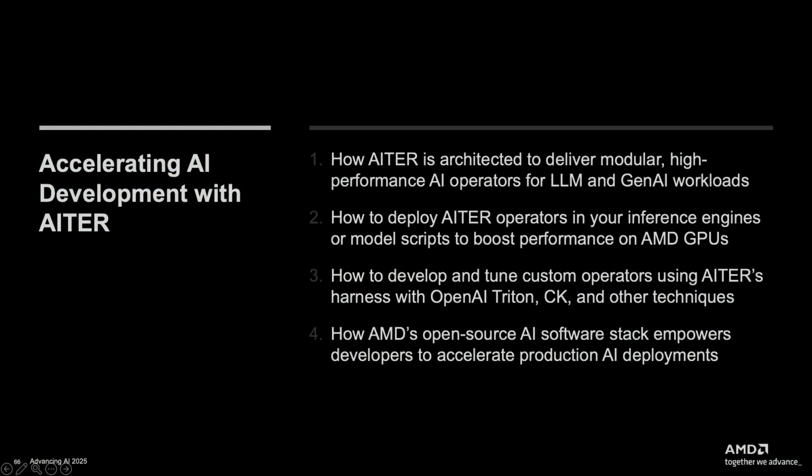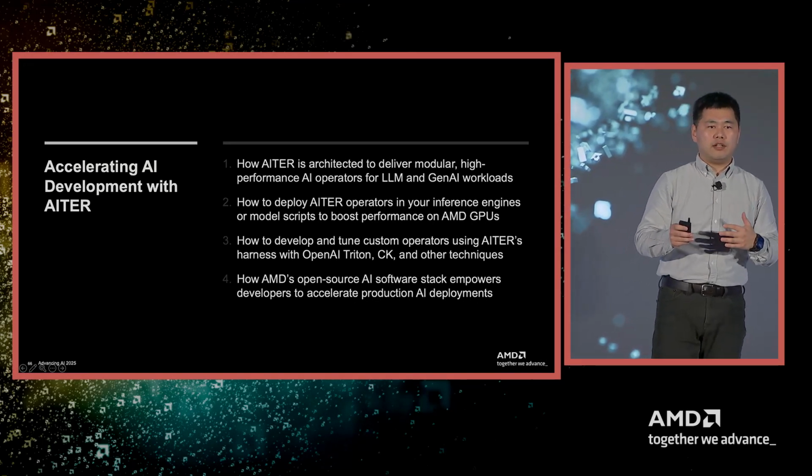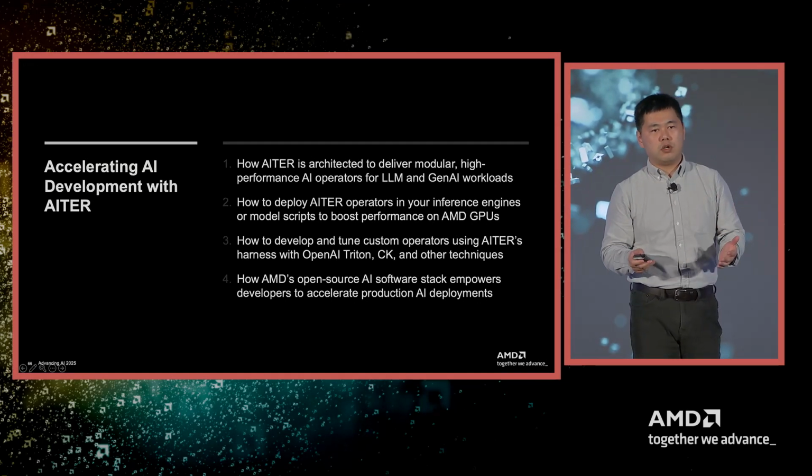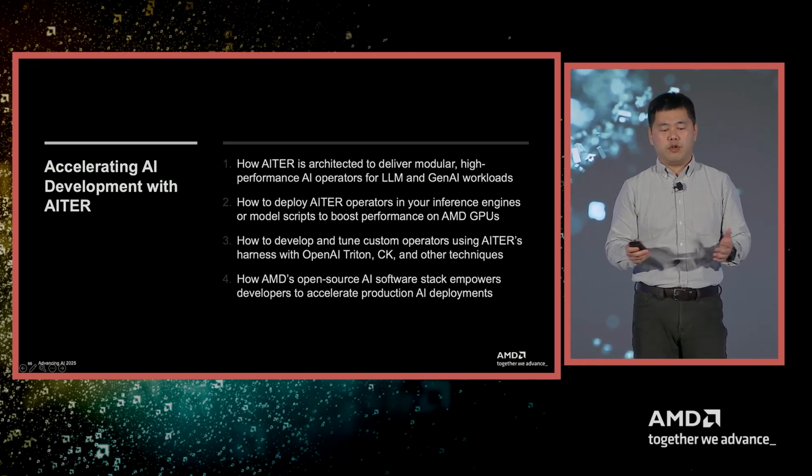Okay, so today we will mainly cover 4 topics. Number 1 is AITER's architecture, why it is robust and ready to serve the developers' use cases. Number 2, we will show a simple example that demonstrates how you, as a developer, can integrate AITER with your end-to-end workloads or your model scripts or your own inference engines or frameworks.